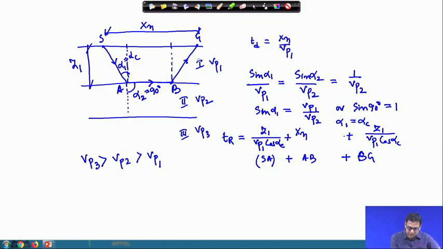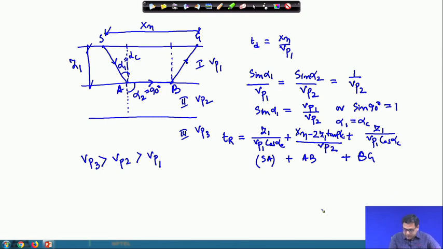This distance I can determine, because I know this is Z1 and this is alpha c. So this distance is 2 Z1 tan alpha c, divided by, as this is traveling with VP2, VP2. So this is the expression.